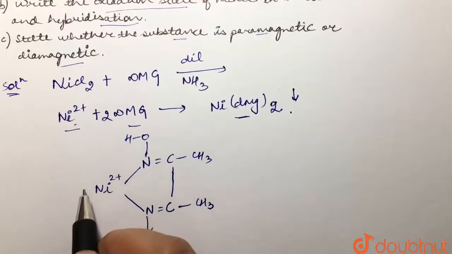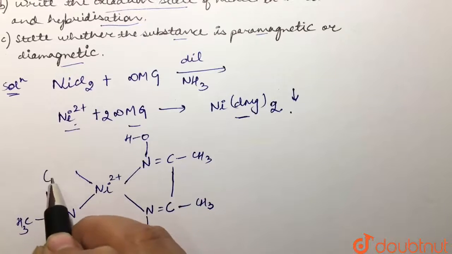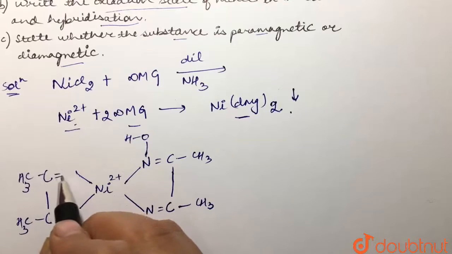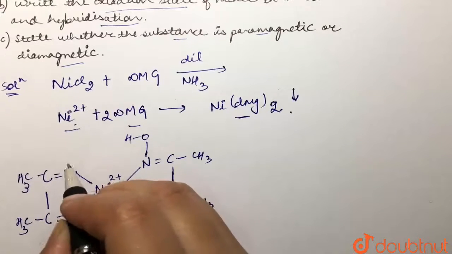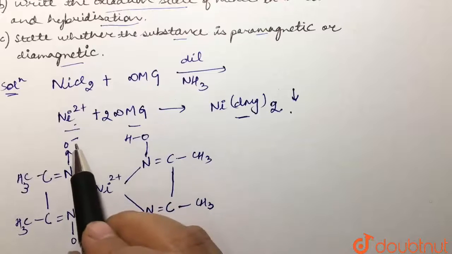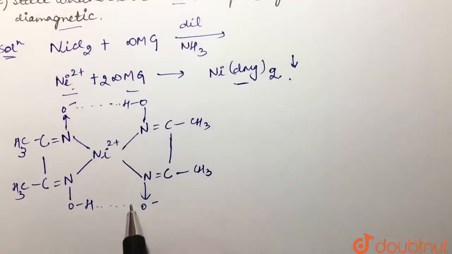Similarly, in this case we have bonds with nitrogen that is attached to carbon. We have CH3 over here, then carbon that is attached to CH3, and this is doubly bonded to nitrogen. We have O negative attached over here and OH attached over here, and over here we see hydrogen bonding with them. So this is basically the structure of Ni(DMG)2.